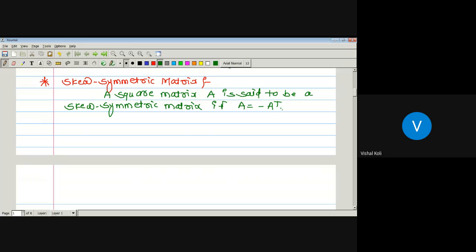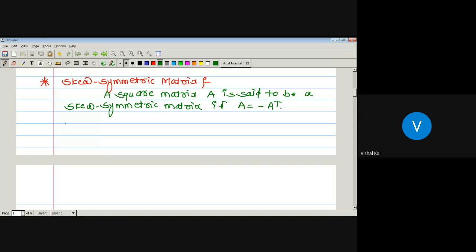So if we have a matrix A, then it is said to be skew symmetric if it is equal to minus A transpose. That is, first we find A transpose, and then we multiply each element of that A transpose by -1, and if the resulting matrix, minus A transpose, is equal to A, then only we say that the matrix A is a skew symmetric matrix, otherwise not.